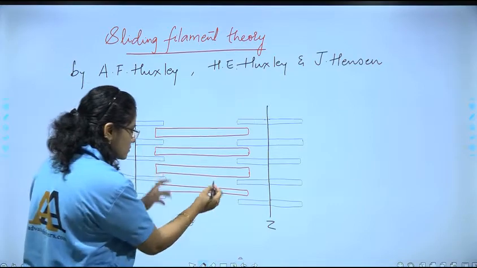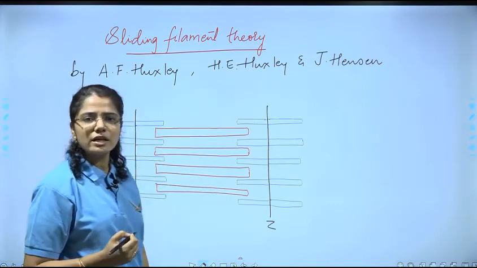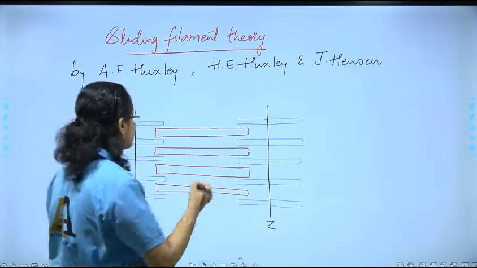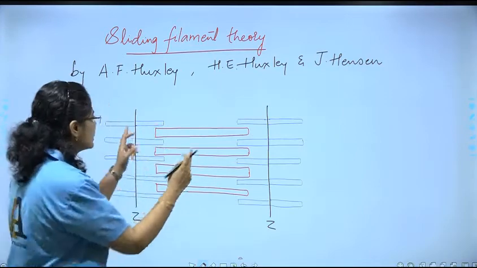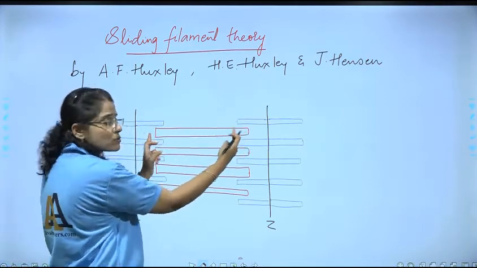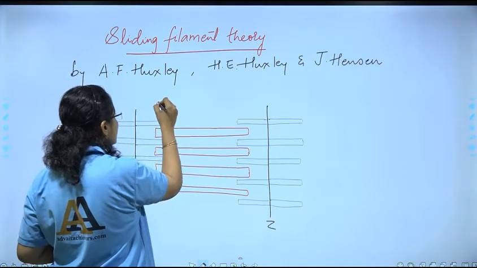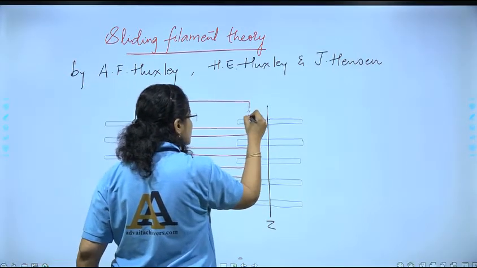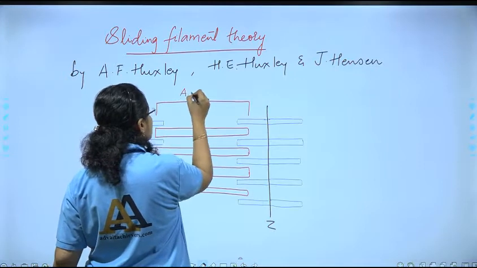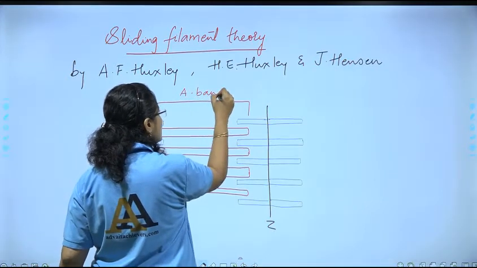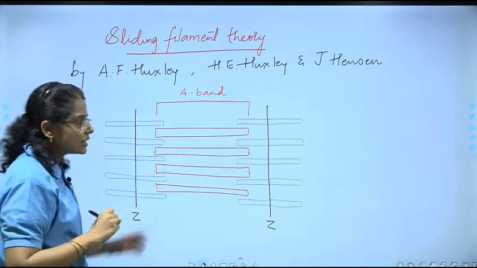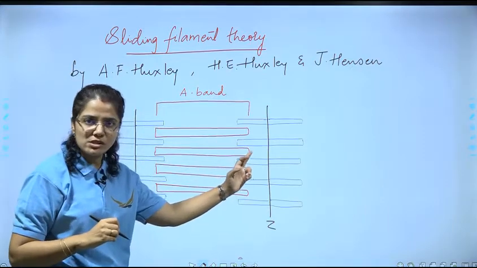So, these red ones that we have made are our A bands. Again we recall, the entire length of myosin forms the A band. Hence I am using the red color only so that you people can remember that this forms the A band, the entire length of the myosin filament.